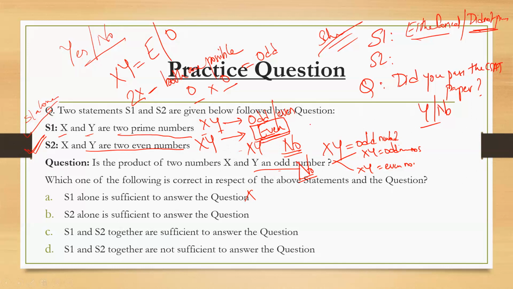Okay? Again, come to the same thing here. Raghavan, did you pass the CSAT paper? Statement 2 says, did not pass the CSAT paper. Does it answer my question, what the father has asked? Did you pass the CSAT paper? Did not pass. So he is very clear. Ki, haan, this statement answers my question.